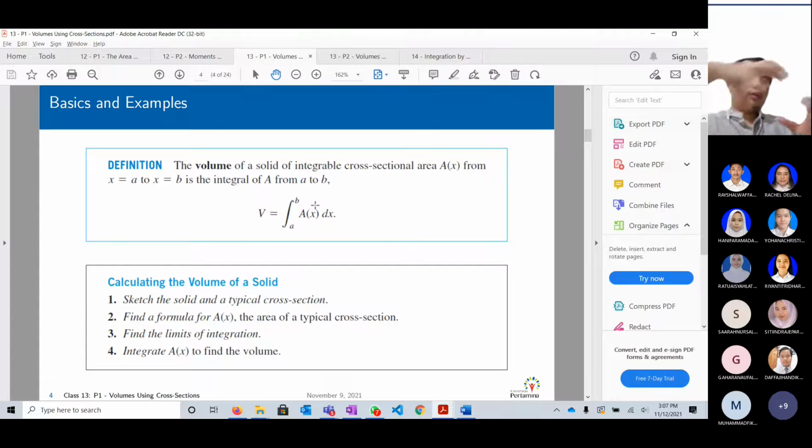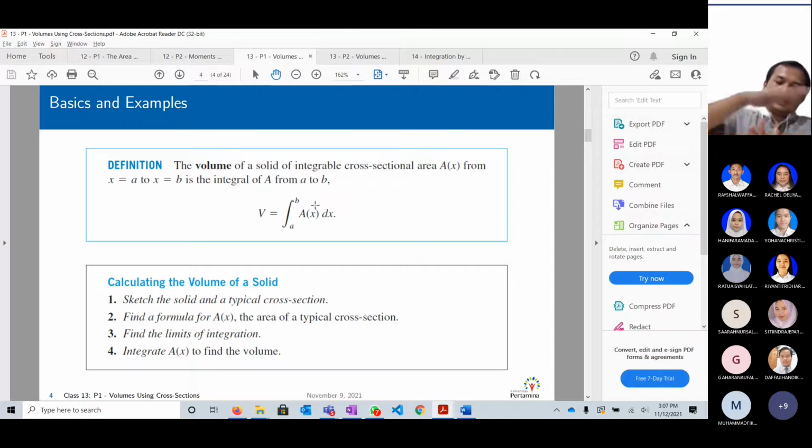Let's say we have a cylinder. We want to compute the volume of the cylinder. The base A is a circle, and we know the area of the circle. And then we want to compute the volume.